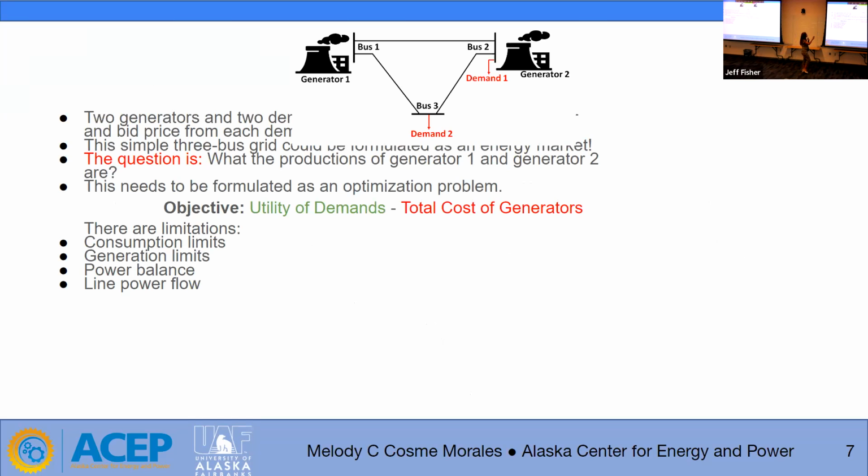We have the objective, the utility of demands and the total cost of generation, and we establish the limitations. It's important to mention that this is just for this example, but you can add any parameter you need in your model. For this problem, we are using consumption limits, generation limits, power balance, and line power flow.